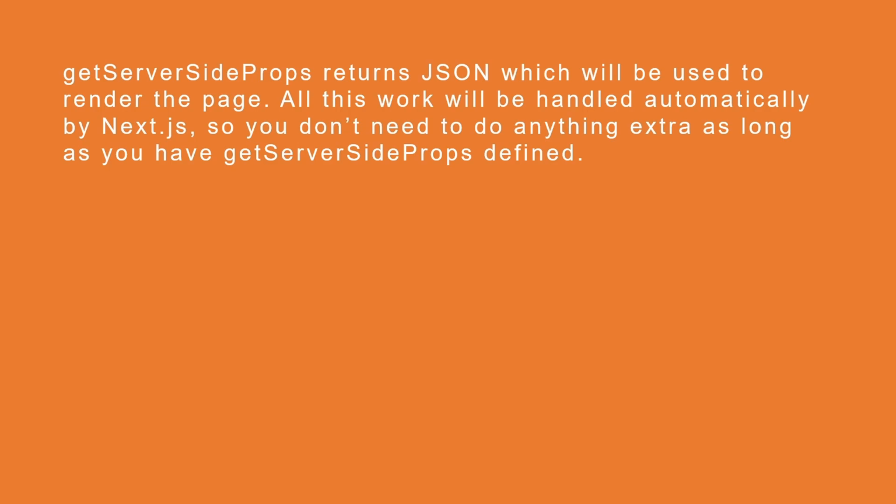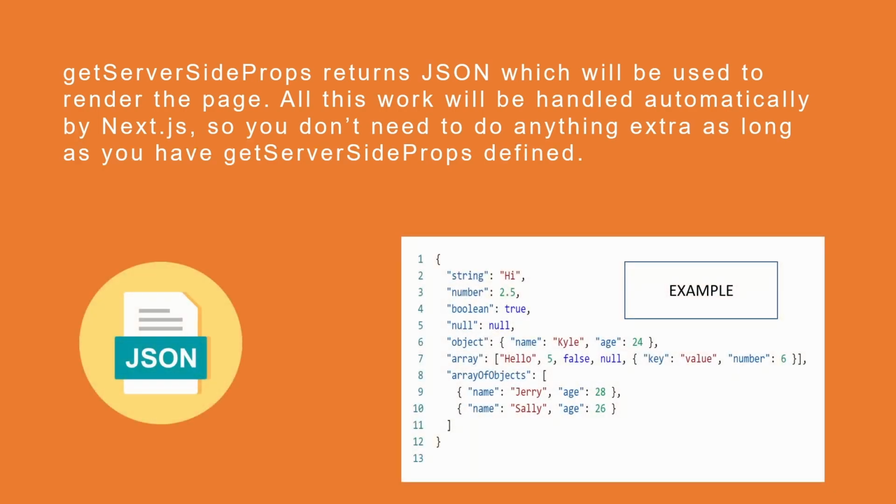Next.js by default takes care of providing the data in JSON format. So we don't need to do extra work to get the data in JSON format. The example for the JSON format is this. The JSON format will look like this. So we can easily navigate to the data which we want.